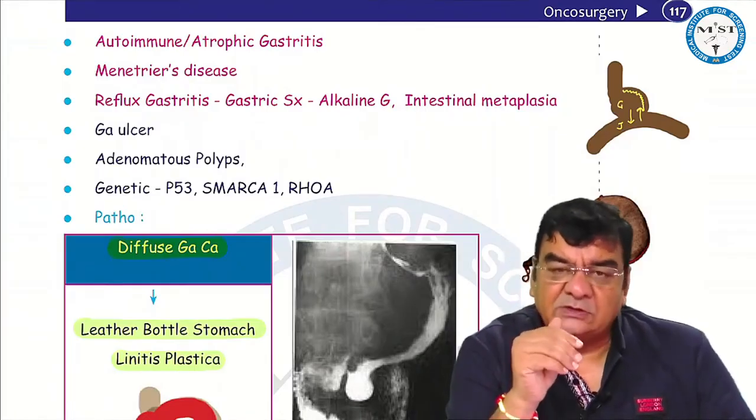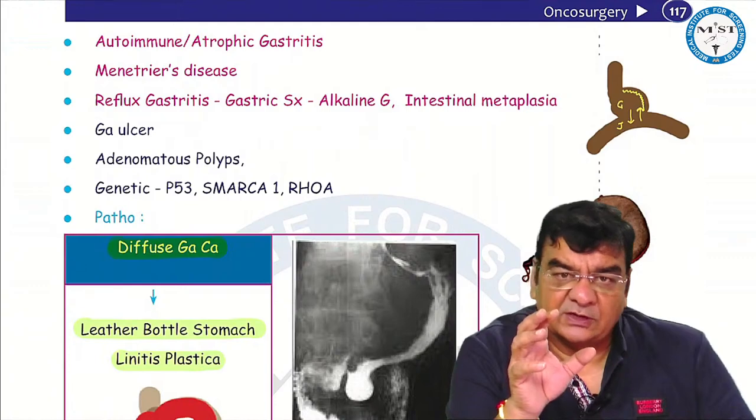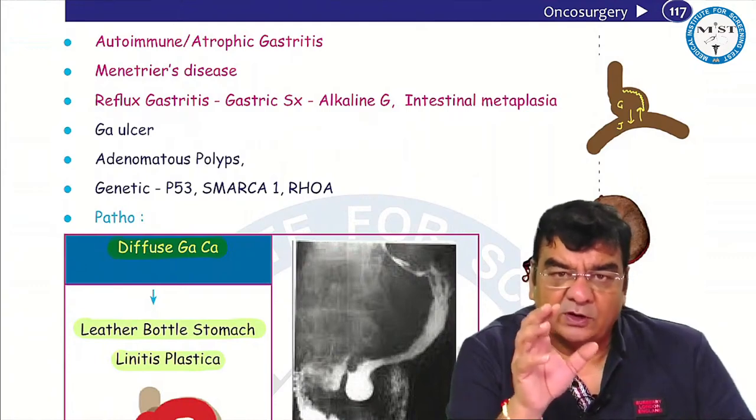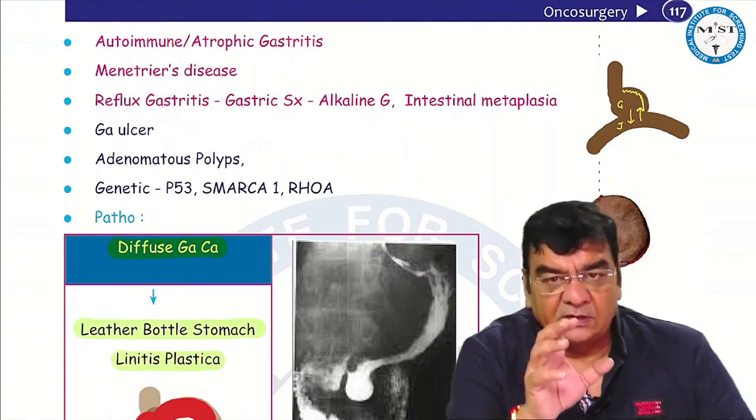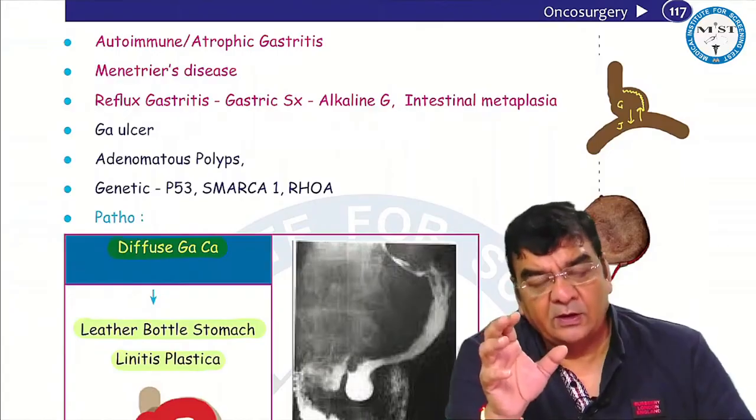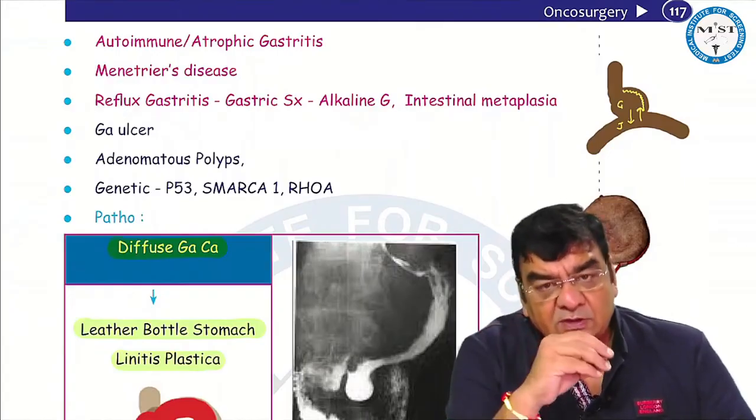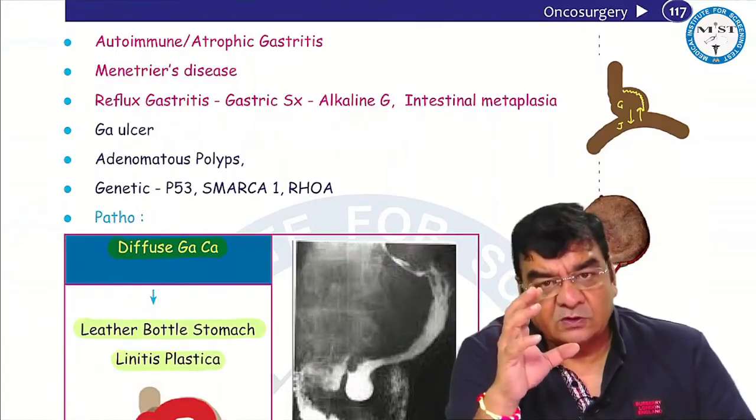Then various pathologies in the stomach, like different types of gastritis. Type A, that is autoimmune or atrophic gastritis. Type B, that is bacteria, H. pylori. Then Ménétrier's disease, where there is gross hypertrophy of the gastric mucosal folds.